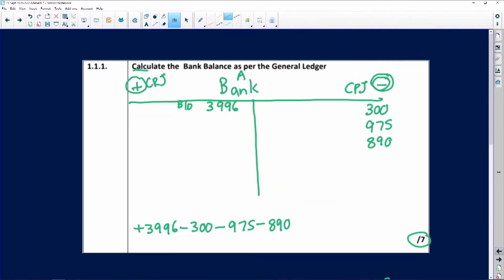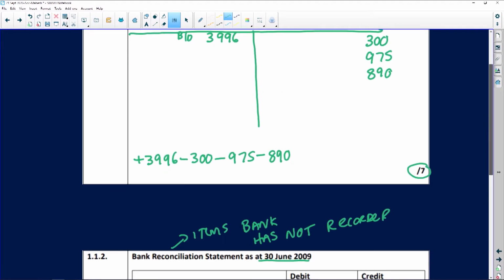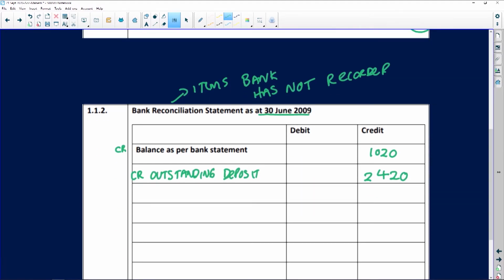Now, please do not enter this in your CPJ. It's already in your CPJ. You've got to now show it as outstanding checks in your bank reconciliation statement. So let's start with check number 72 first. Okay, let's enter this, and then I promise we're going to take a quick break.